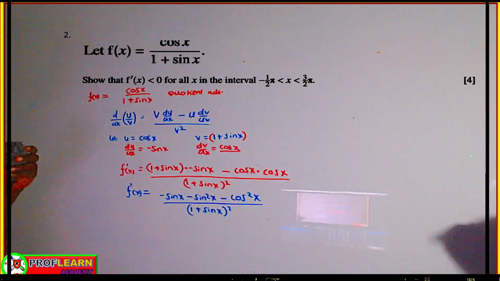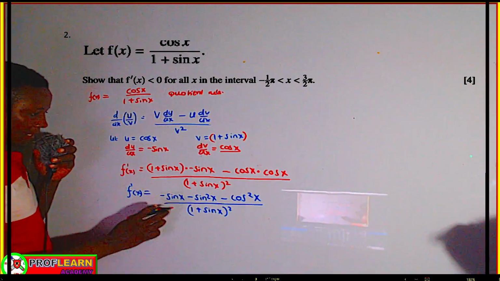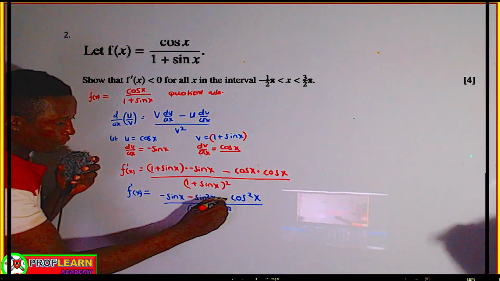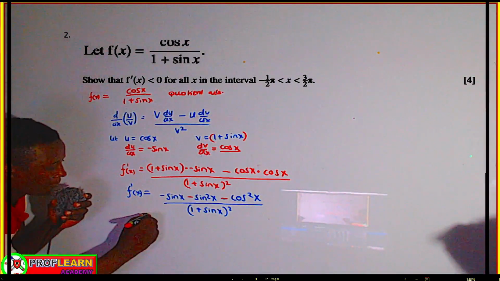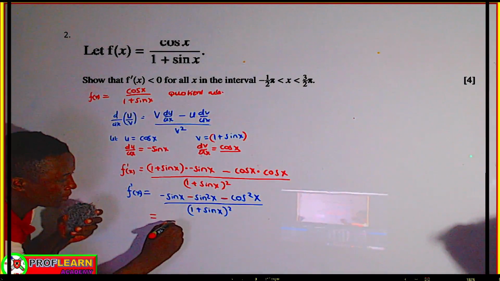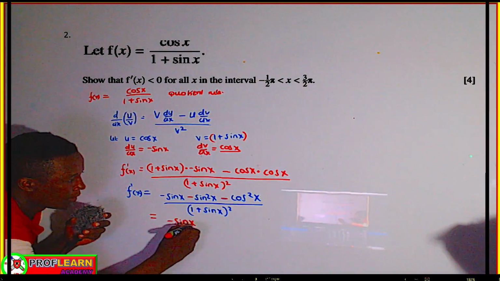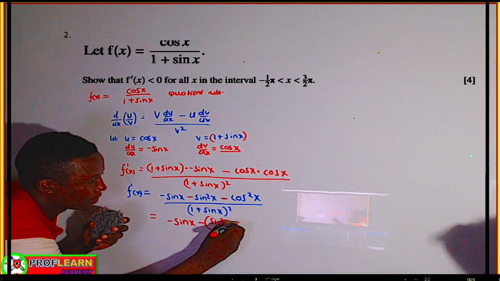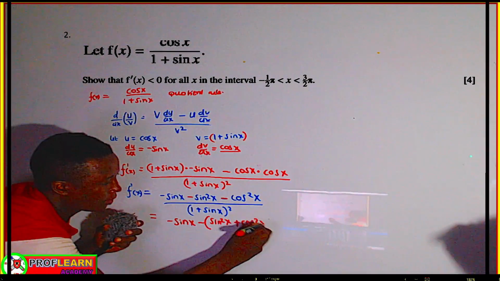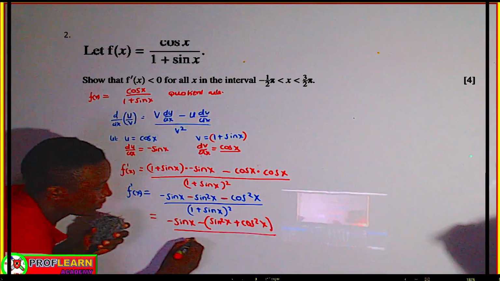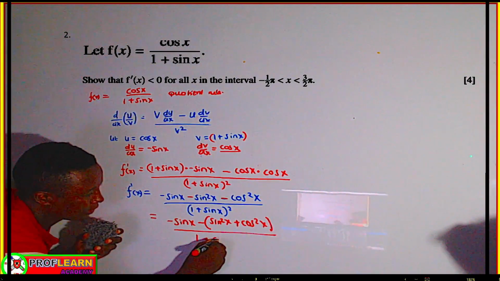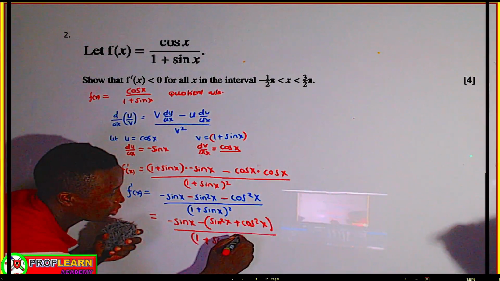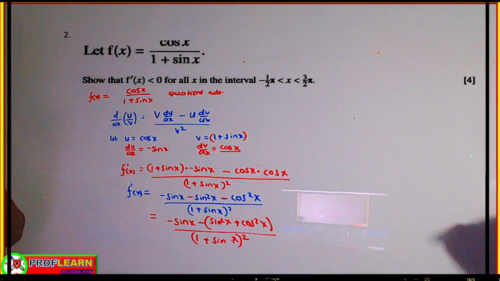So I want you to look at whatever we have here, because we can factor out the negative sign, and our function beautifully becomes negative sine x minus into bracket sine squared x plus cos squared x, and that is going to be divided by 1 plus sine squared x, squared like that.